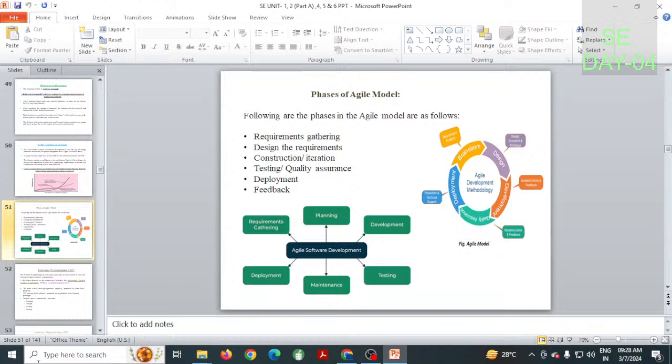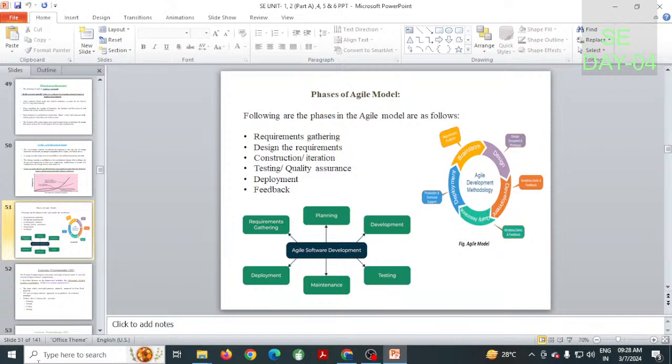Next, this is an important thing. What are the phases presented in the agile model? There are different phases in the agile model which we should follow. First, how we gather the requirements. Second, how we design the requirements. Third, construction and iteration.